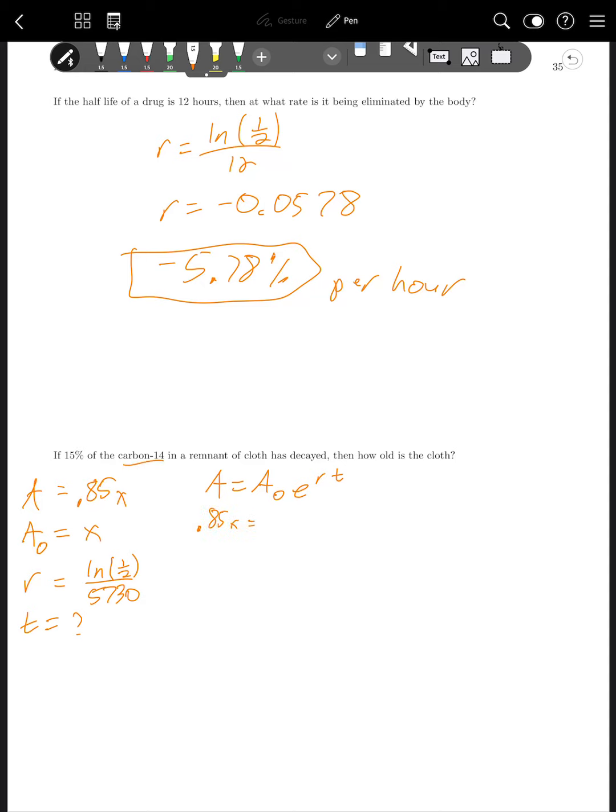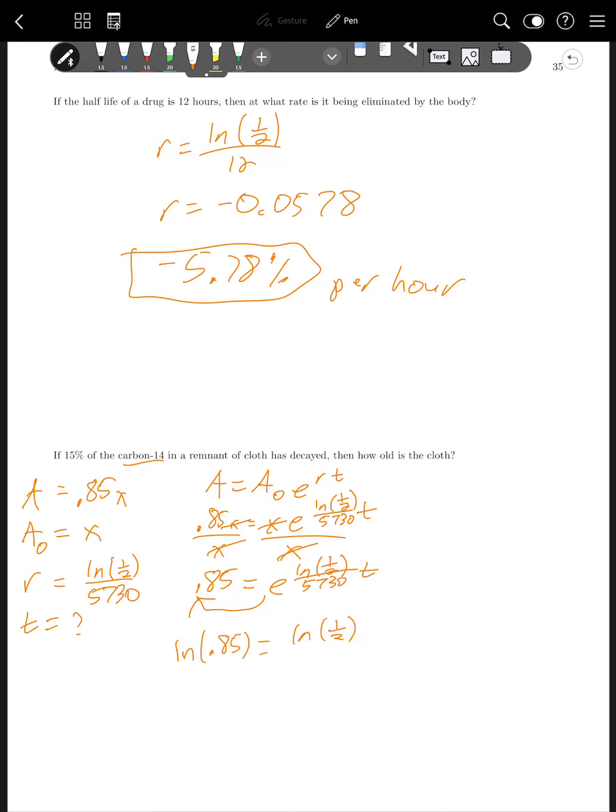So 0.85x equals x times e to the natural log of 1/2 over 5,730 times t. Divide both sides by x. We get 0.85 equals e to the natural log of 1/2 divided by 5,730 times t. Move the e to the other side as the base of a logarithm. So the natural log of 0.85 equals the natural log of 1/2 over 5,730 times t, and then divide.